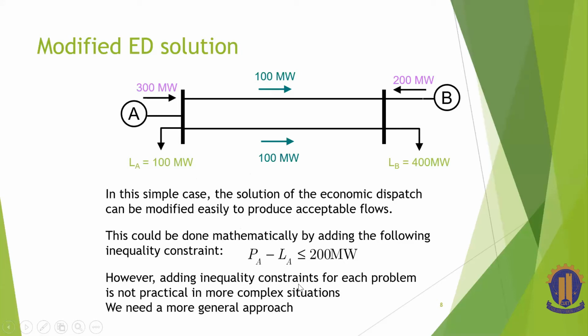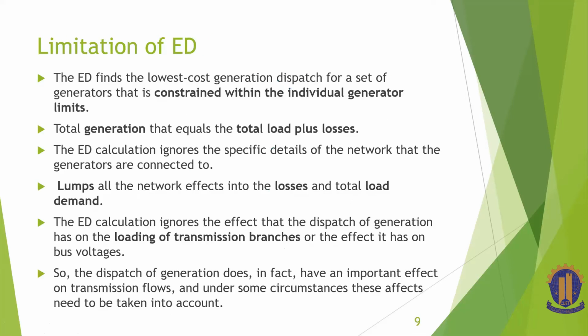However, adding an inequality constraint in this way for each problem is not practical in more complex situations, when hundreds of generators are in the system and a huge amount of load is distributed throughout the network. So in this case, we have to find a general approach, and that is what the optimal power flow model is for.